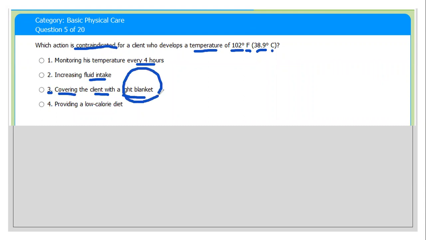Covering the body with a blanket, nothing abnormal. It makes sense. Why would it be contraindicated? No, it is okay.